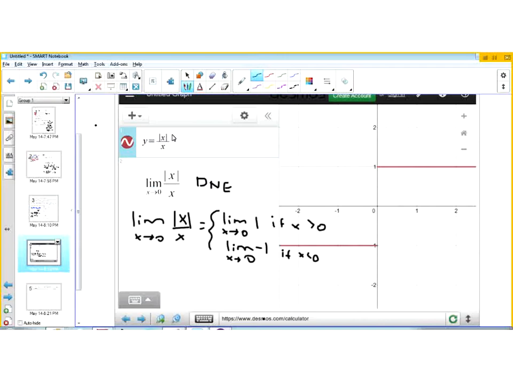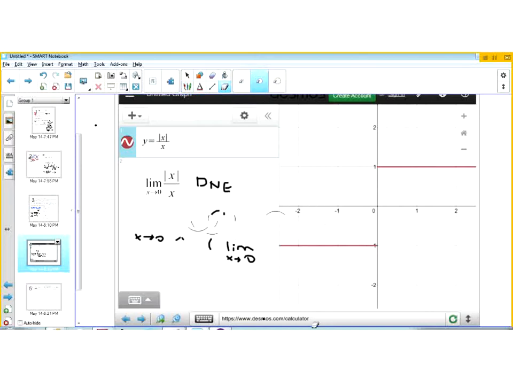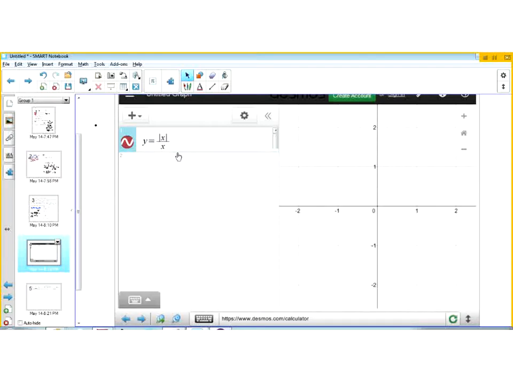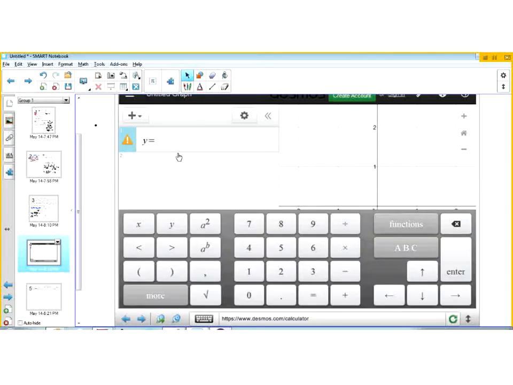What other kinds of functions can we deal with? Oh, okay. So let me erase this, and let me get rid of this limit problem here, and define a function piecewise, say y is equal to the square root of x minus 4 for x greater than 4.